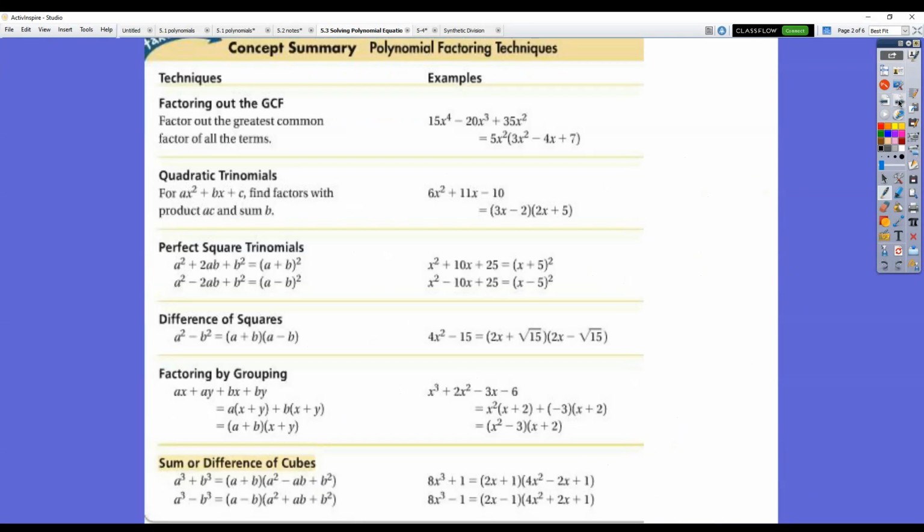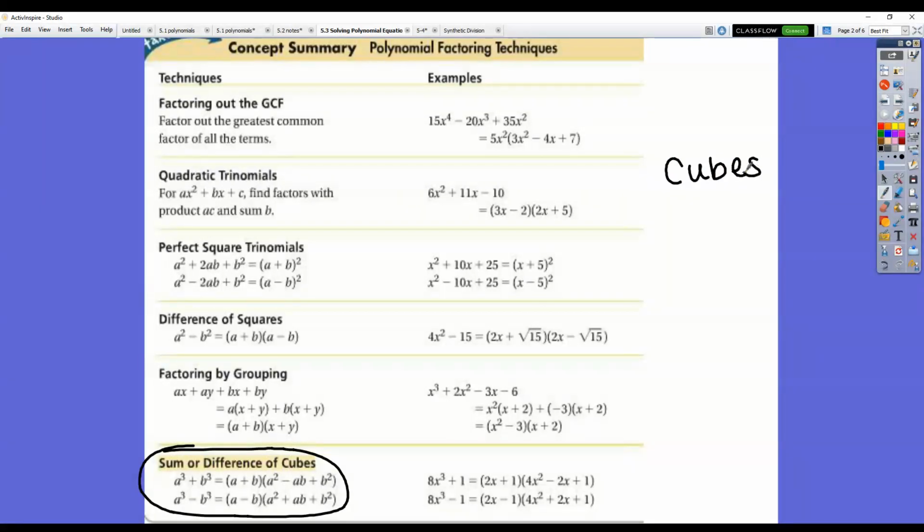Okay, this is just a list of different factoring techniques. Factor out the greatest common factor. This talks about how to factor trinomials, perfect squares. This is the one I want to draw your attention to. Cubes.